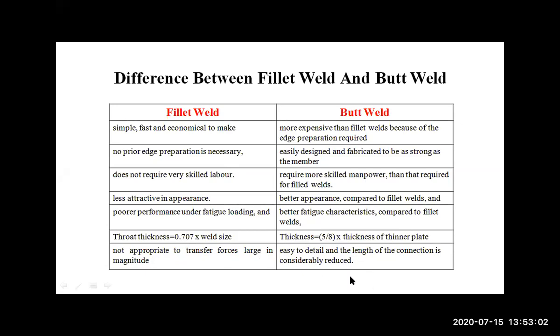So here we are transferring the force from one member to another member easily. So these are some of the differences, and whatever points we have seen, we compared the difference of the two types of weld, fillet weld and butt weld.